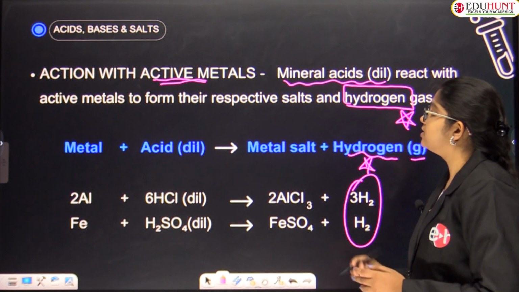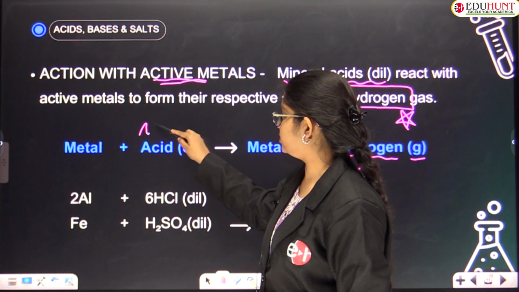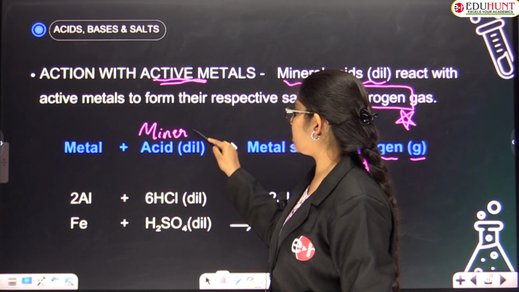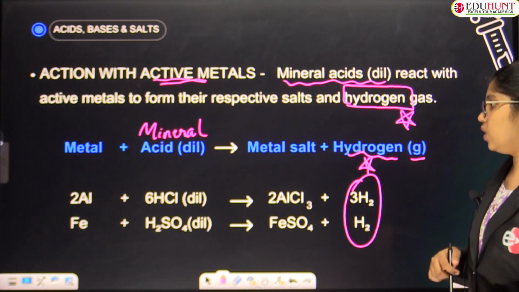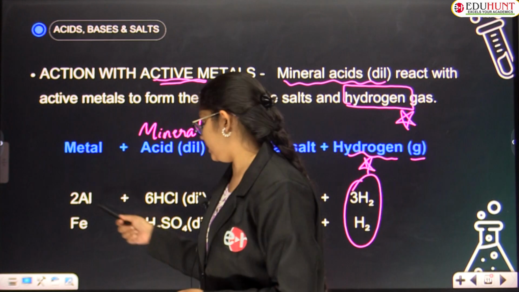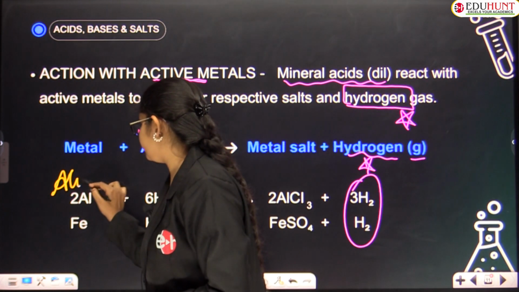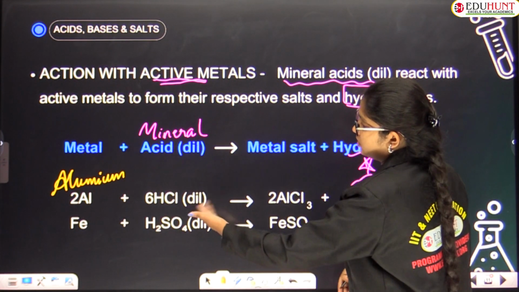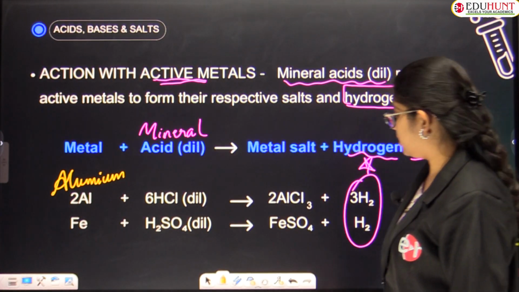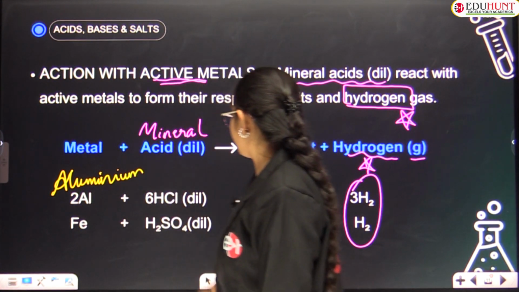Now, the reaction: metal plus dilute mineral acid gives rise to metal salt plus hydrogen gas. That's it. First one is 2Al. What is Al, children? Aluminium. Very good. So, 2 molecules of aluminium react with HCl.